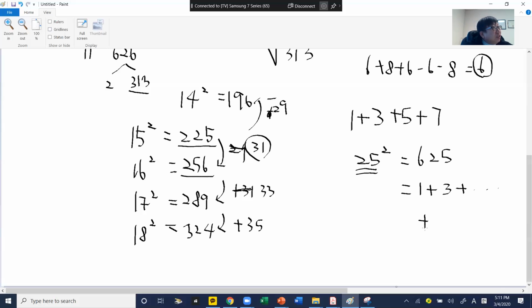So that time you can first say what is the 25th even number? 25th means 25 times 2. 50 is the 25th even number. So 51? No. Odd numbers begin with 1. Yeah. So 49 is the 25th odd number.